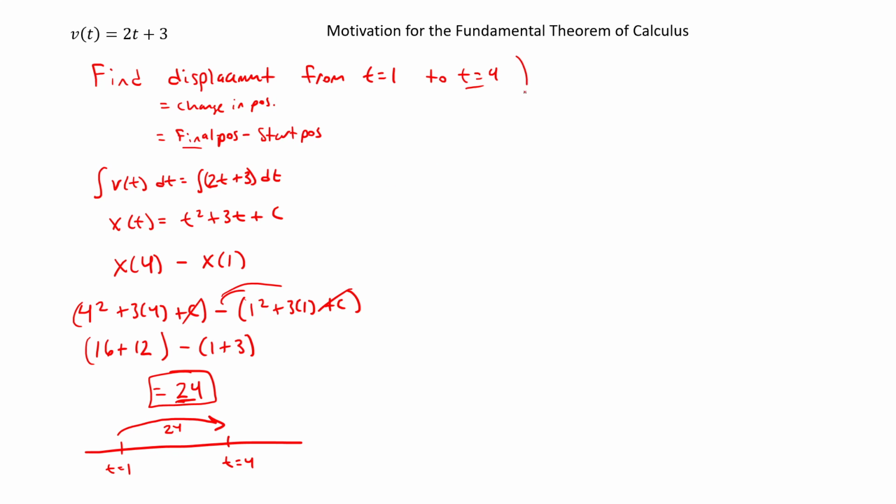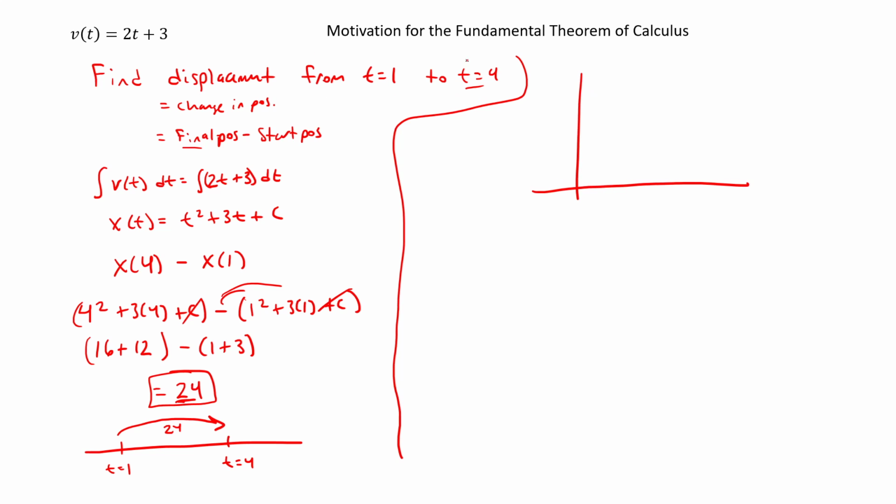Let's come at this another way now. All right, let's look at the velocity function. We all know what 2t plus 3 looks like. It's just some linear function going up like this. This is v of t. And let's look at the interval from 1 to 4. Well, if we consider this region, what we end up getting is a trapezoid, right?